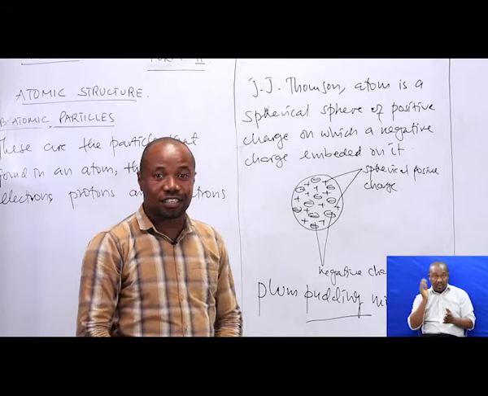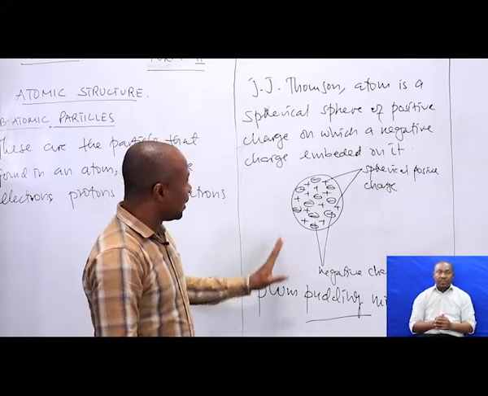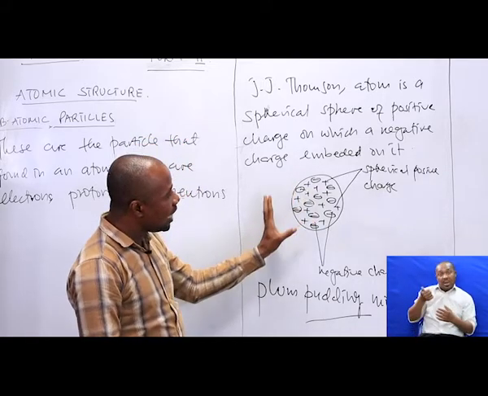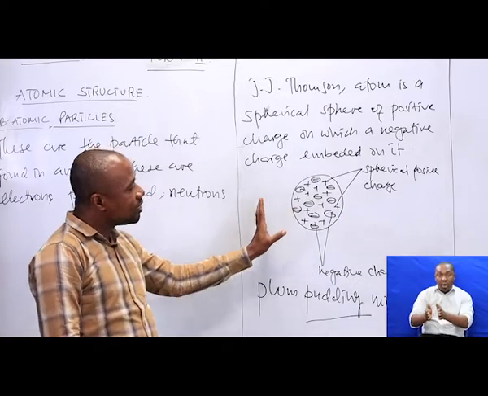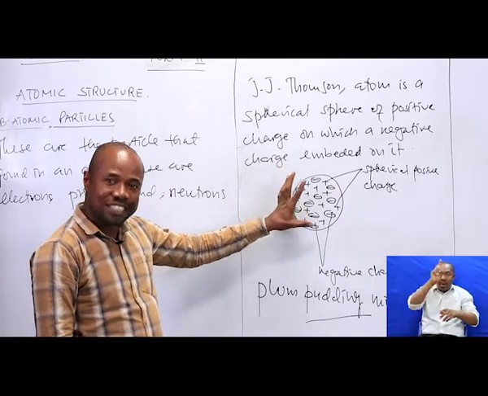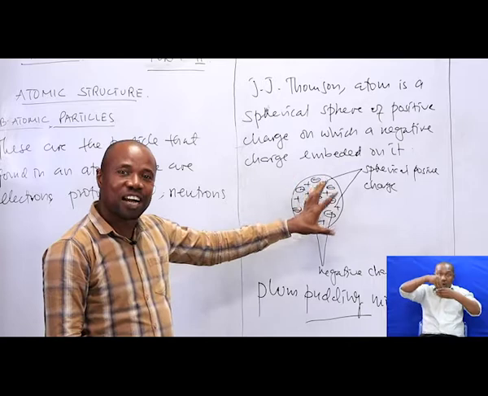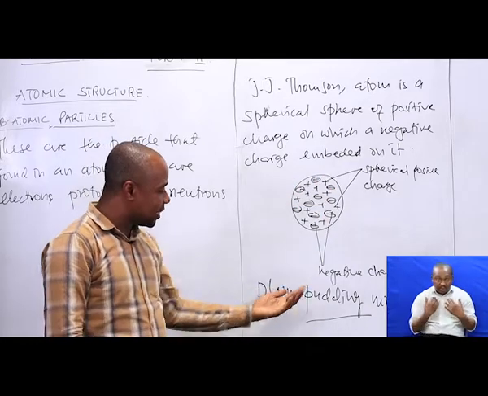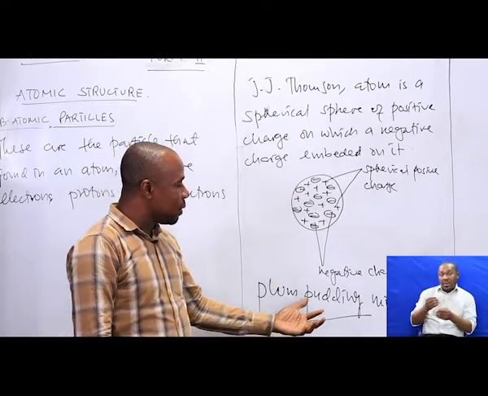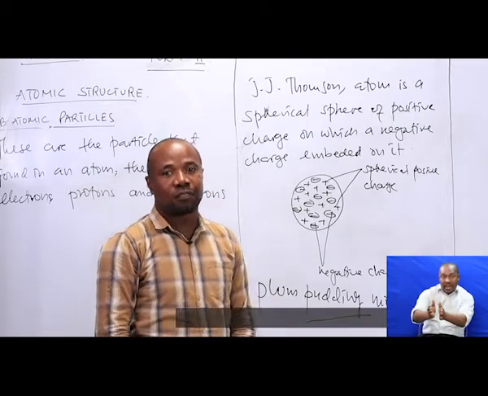This is a type of food. So his model to investigate what atom contain and what atom look like, he concluded with the model called the plum pudding model.